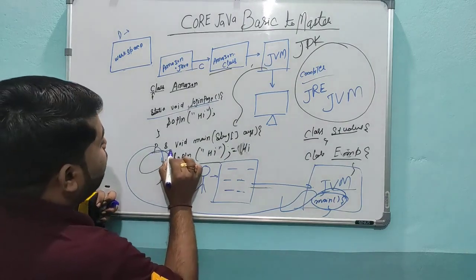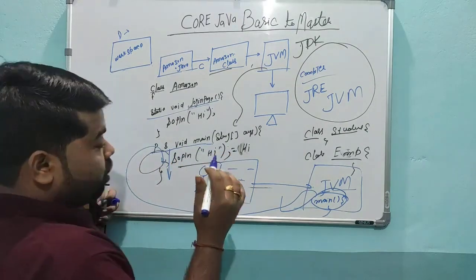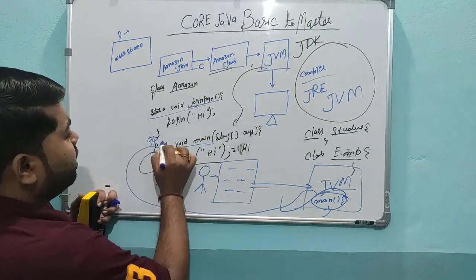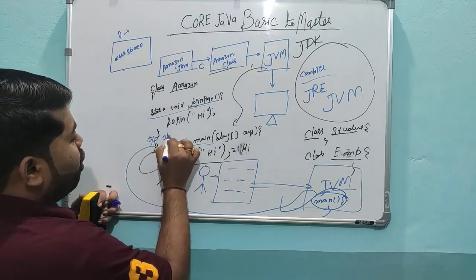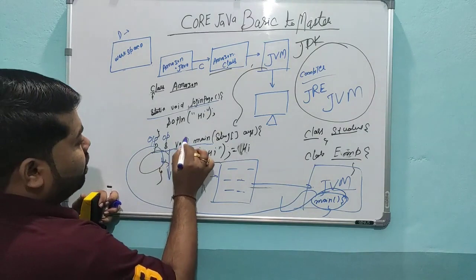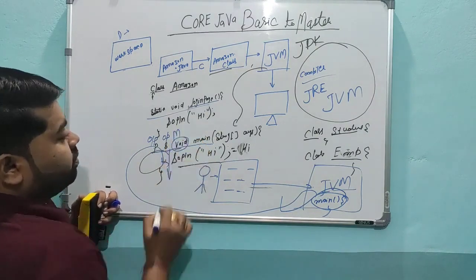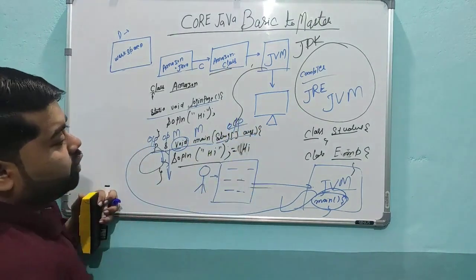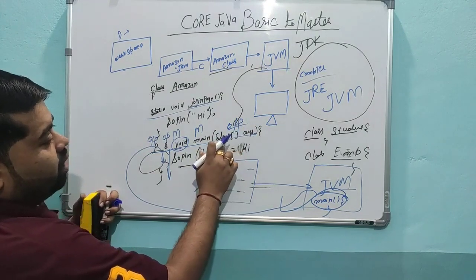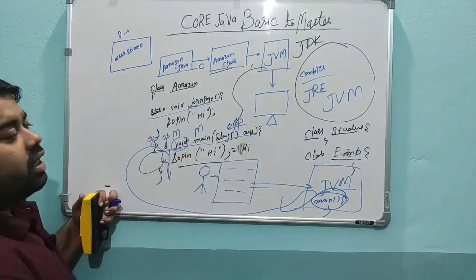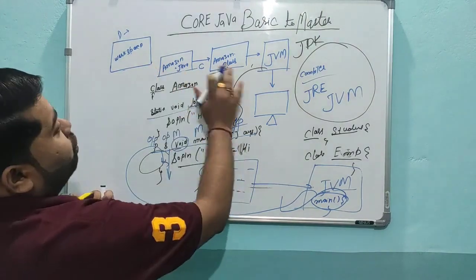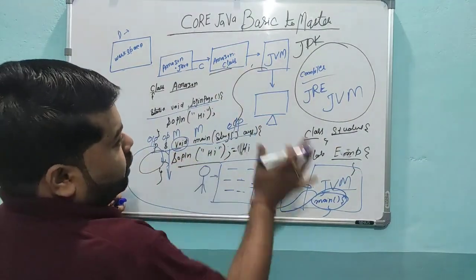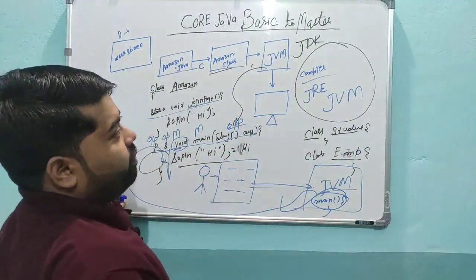Here public is an optional accessibility modifier, static is an optional non accessibility modifier, void is the return type, which is mandatory, and the string parameter is optional, called the command line argument. Today my agenda is how to execute the Java code, and in the next session we will see in practical how to install the JDK and configure any editor.